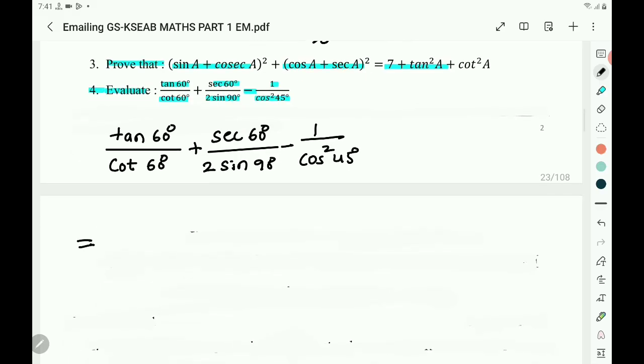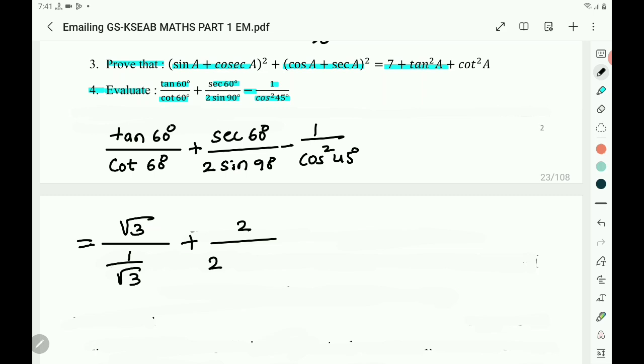Now you write tan 60. Tan 60 is root 3. Cot 60 is the reciprocal of tan, that is 1 by root 3, plus secant 60. Cos 60 is 1 by 2, so secant 60 is 2, by 2 into sin 90.